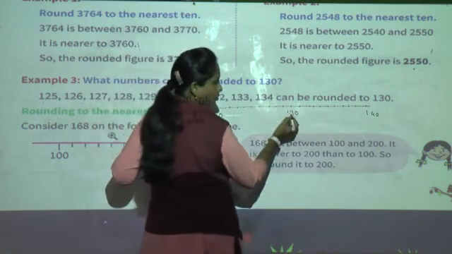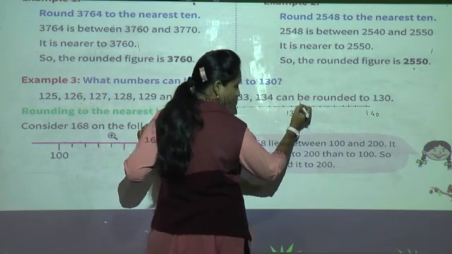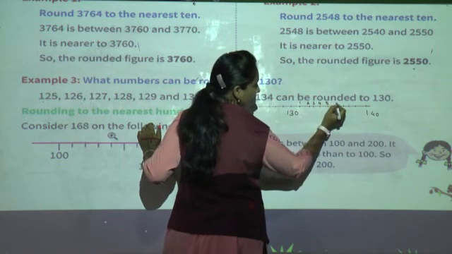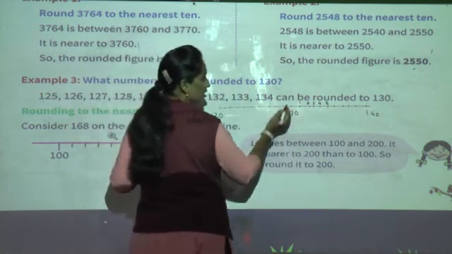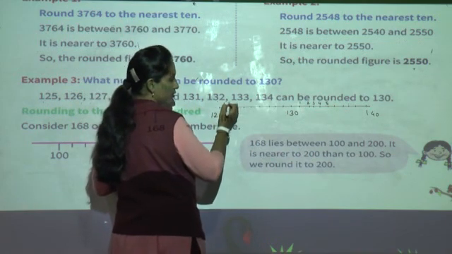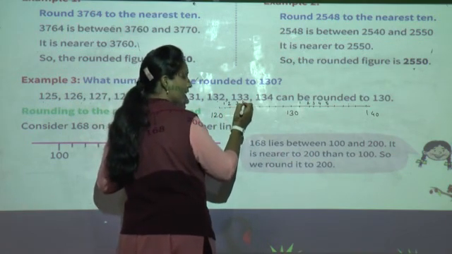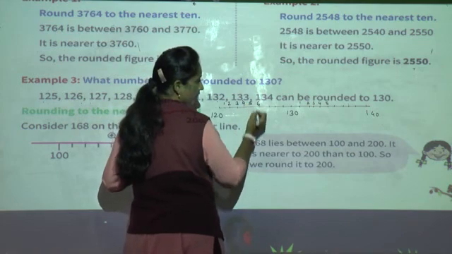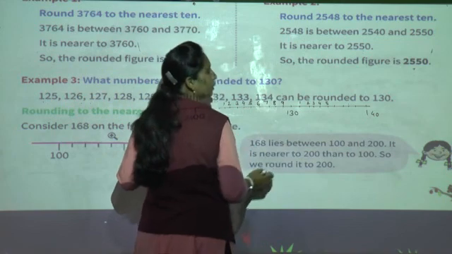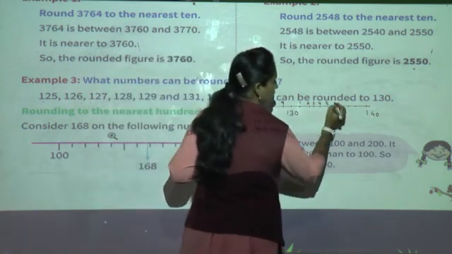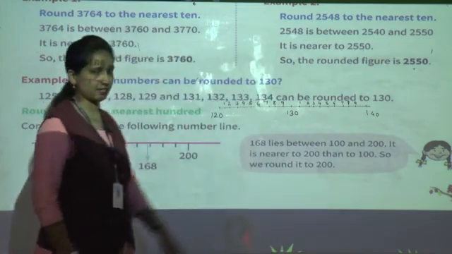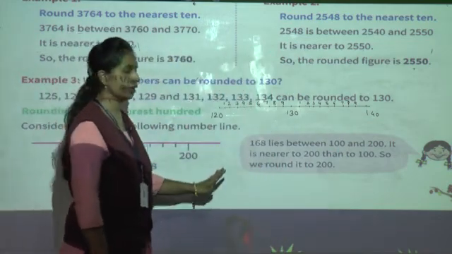Just imagine 130, after it 131, 132, 133, 134, 135. And here, 120, after it 121, 122, 123, 124, 125, 126, 127, 128, 129. I am writing in short because space is not there, but I hope you are getting it.